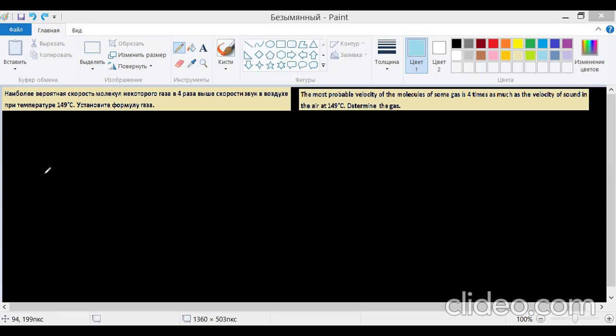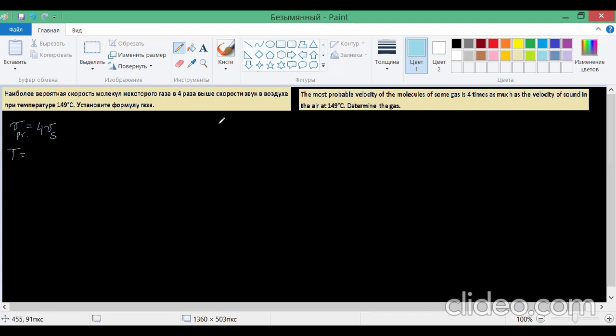Okay, so let's start from the beginning. What we should start from is to put down the data correctly. So we've got the most probable velocity, which is 4 times as much as the velocity of the sound, right? Also, we've got the temperature, but we should convert Celsius into Kelvin by adding 273.